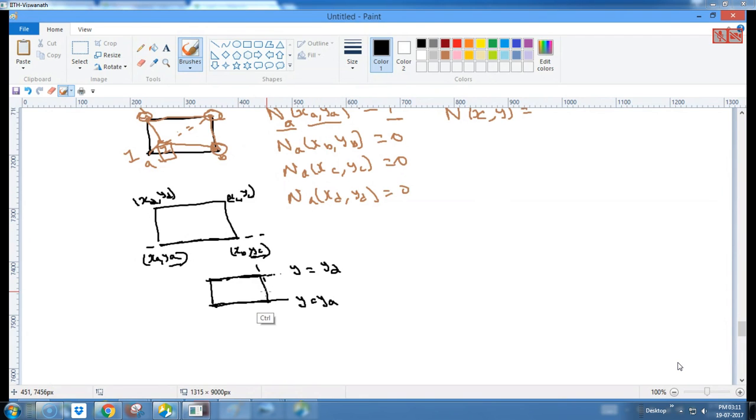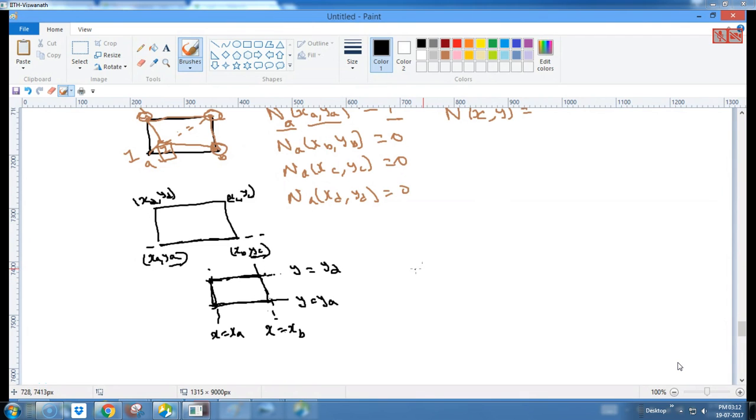This is the simplest derivation I'm doing. You can still write the equation of a line with respect to 2 points and you can get it, but I'm giving the simplest case. What is the equation of this line? Because this is vertical in nature, this is x equals xb, and this one is x equals xa, because these things have the same x, and these things have the same y.